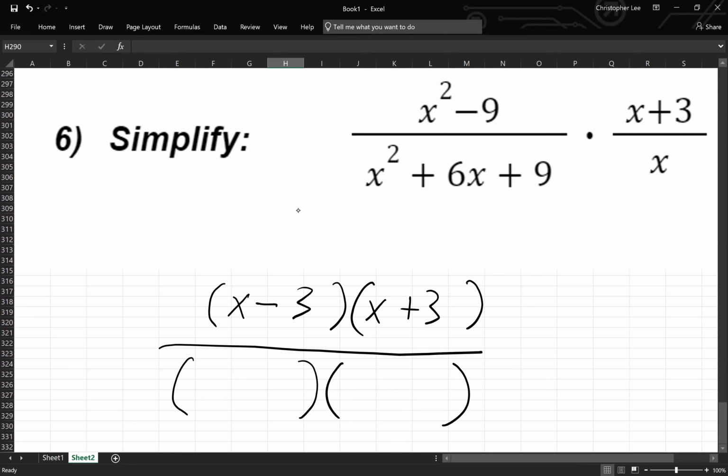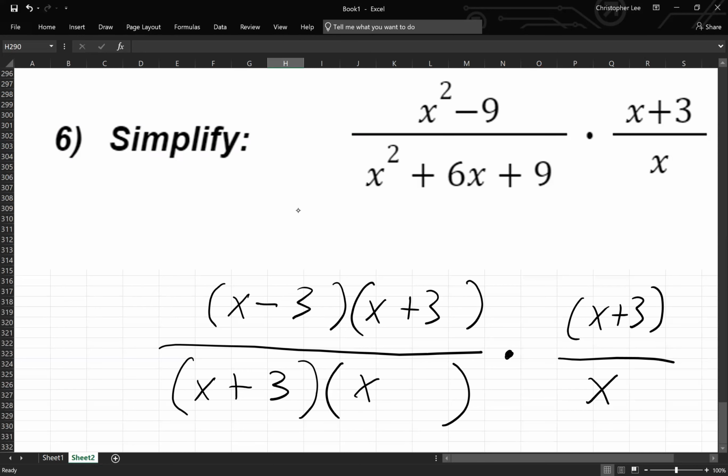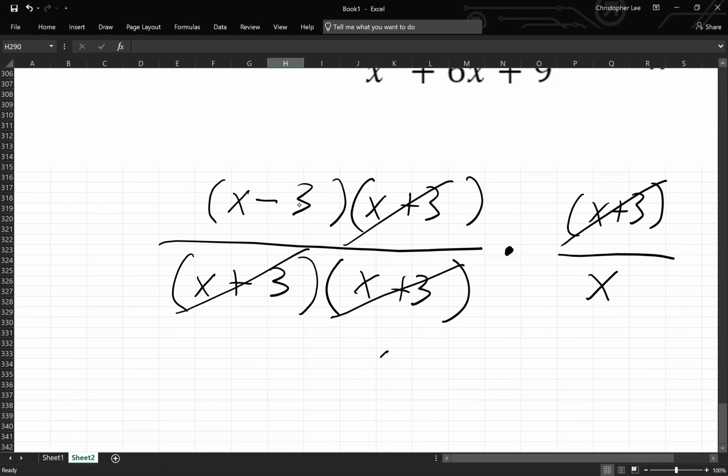What at the bottom? What's that gonna be? Good, and what else? Plus 3, good. And that's it, just cross out like terms, pop, pop, pop, pop. Final answer. That's it.